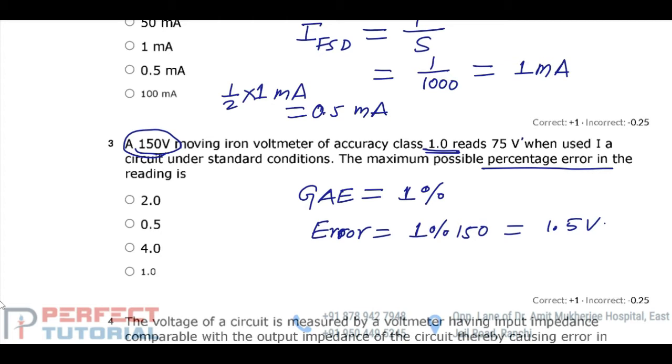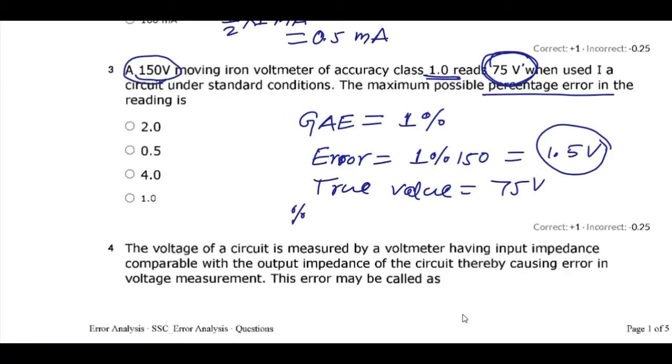The observer has to take the reading for the measurement of 75 volt, meaning the true value is given as 75 volt. So percentage relative static error is equal to absolute error divided by true value into 100. That is 1.5 divided by 75 into 100. It would give result as 2%. So 2.0 would be the correct answer here.